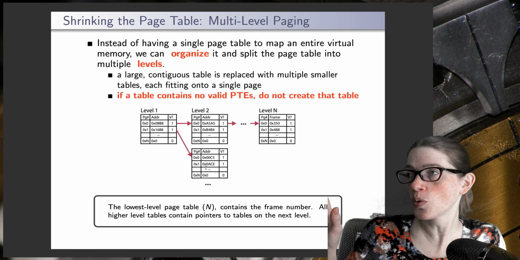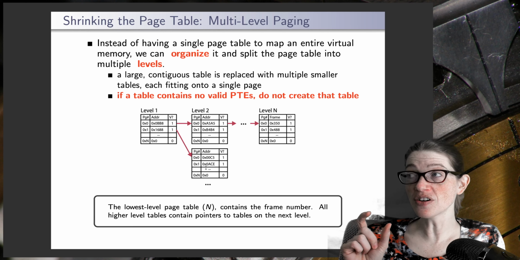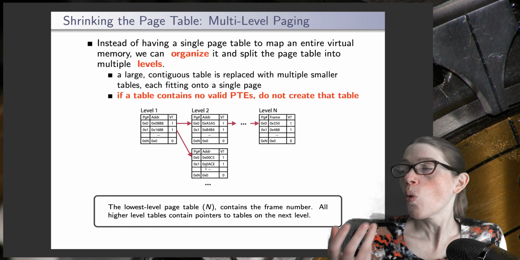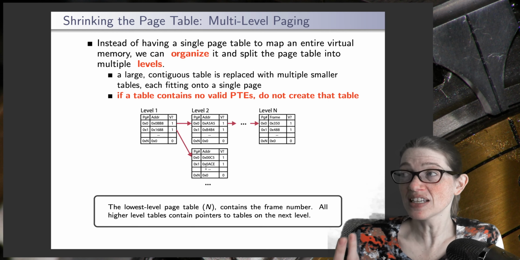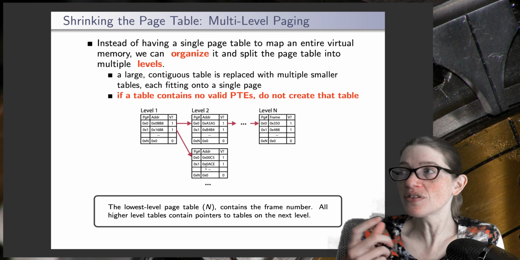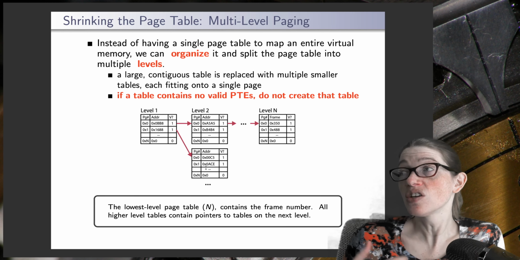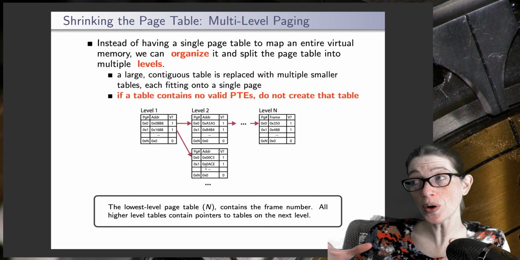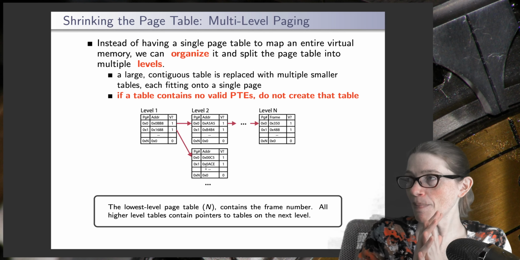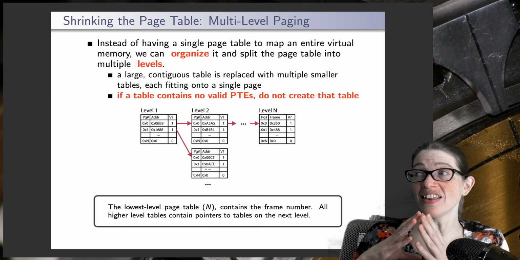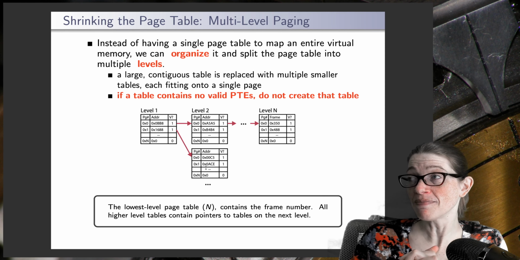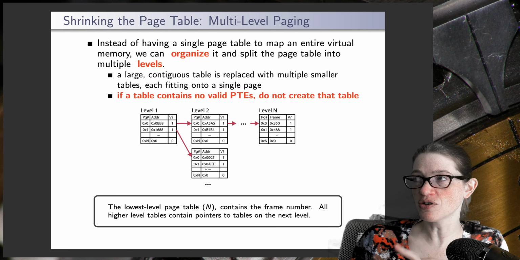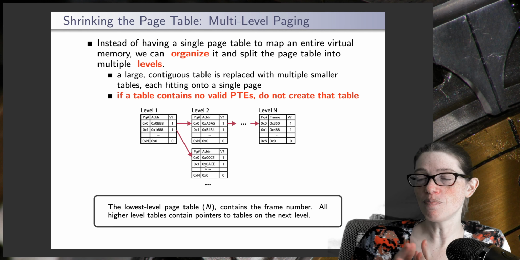So if there is a region of the address space where there are no valid entries, i.e. the area between the heap and the stack, why create page tables, subtables, for that region when there are no valid entries in there? So that's what we're going to do: create this organizational tree, and any region that has no valid entries, don't create that part of the tree. So we are going to be shrinking the amount of page table entries we have.